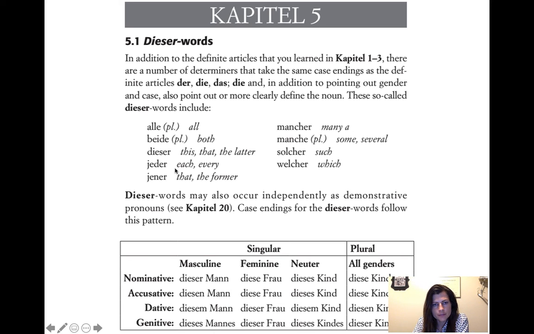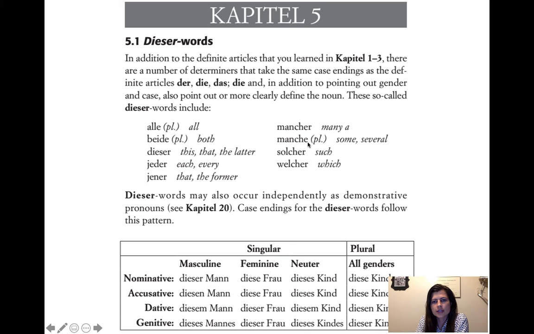Jeder, each or every. Jener is like farther away, or you're pointing to something over there. So it's a little bit formal sounding, so you don't hear it in speech very often, but you will see it in writing.